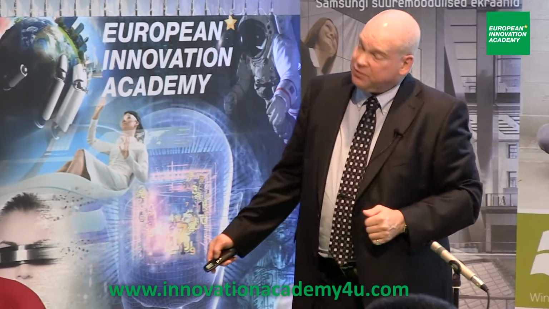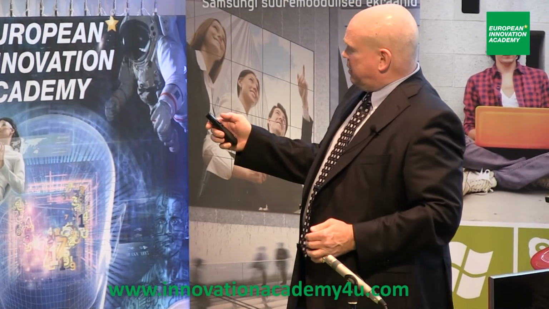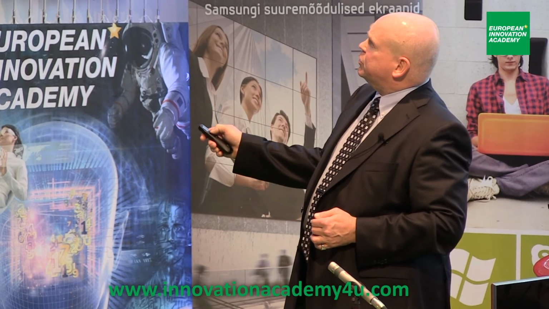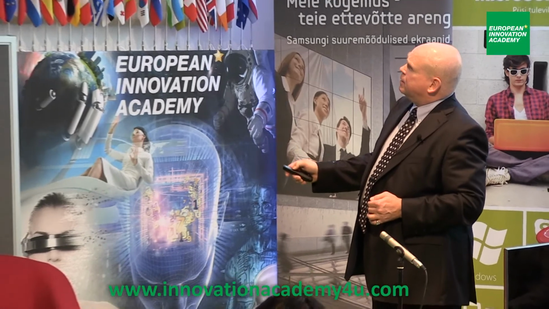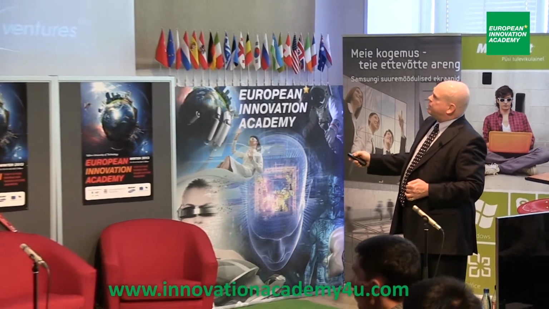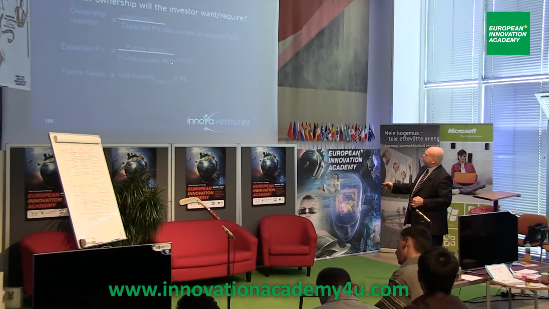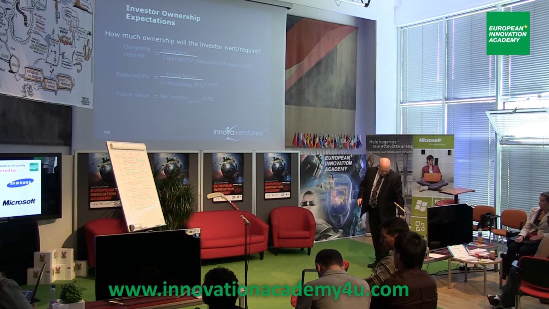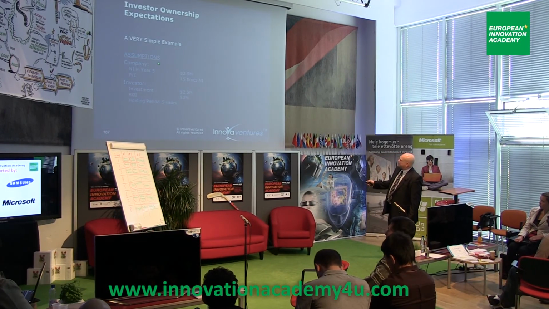And then the investor ownership: you have the investment that you need here, the expected return, discounted as required return of investment, the future value, and then it gets into formulas and the number of years here as an exponent, and comes with some example numbers here.